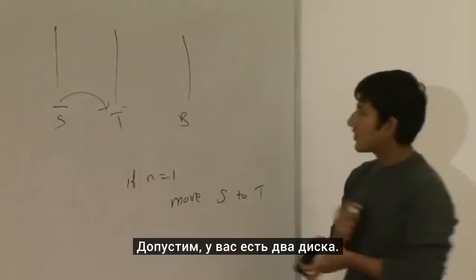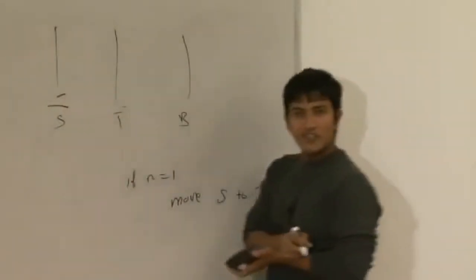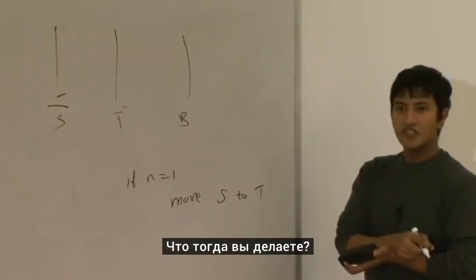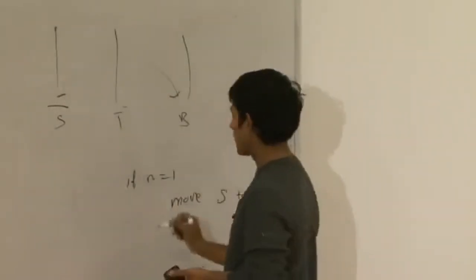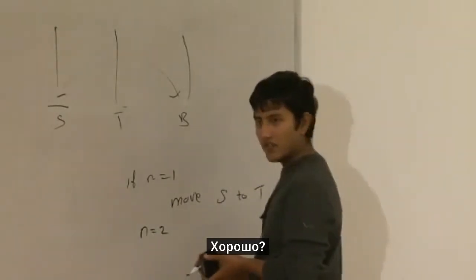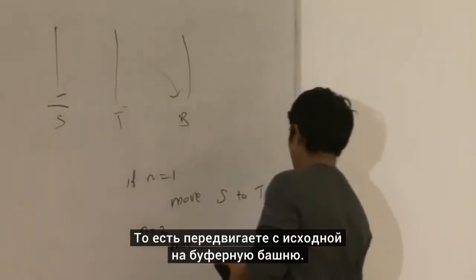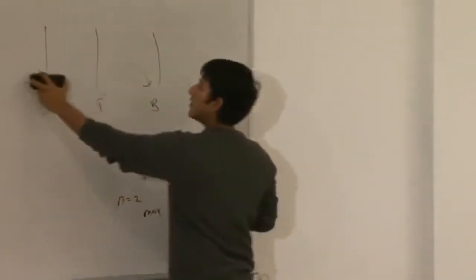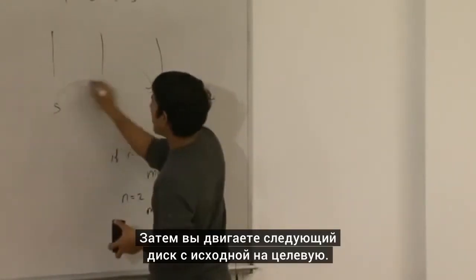Okay? Suppose you have 2. Then what would you do? You move the top one to buffer. Okay? So move source to buffer. Then you move the next disk from source to target.